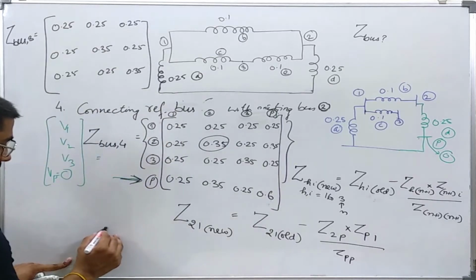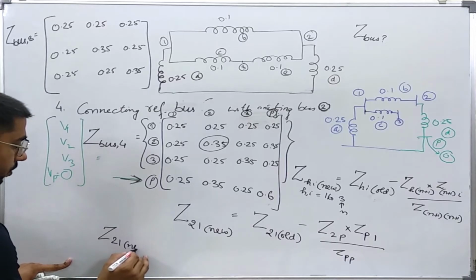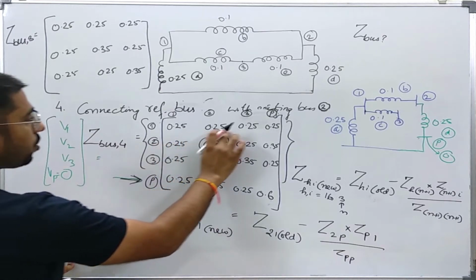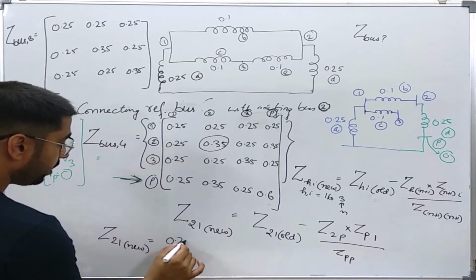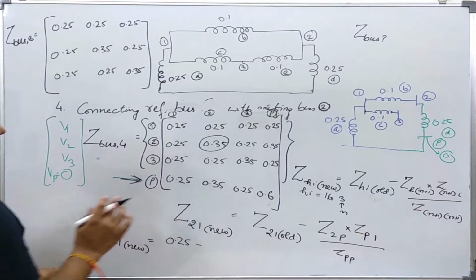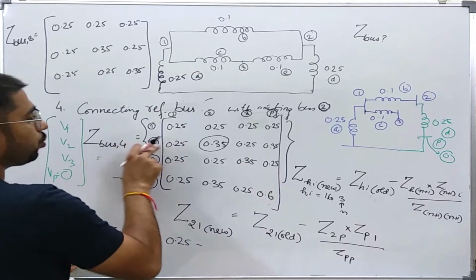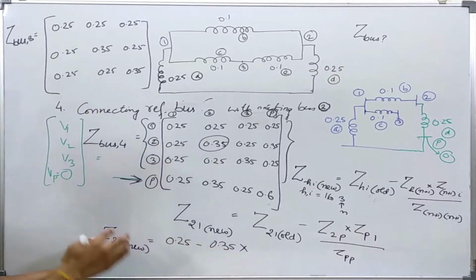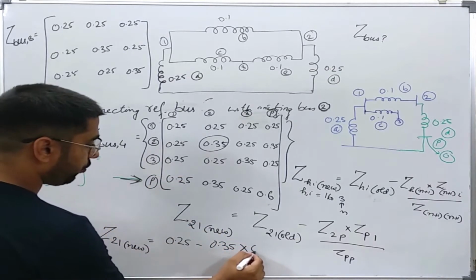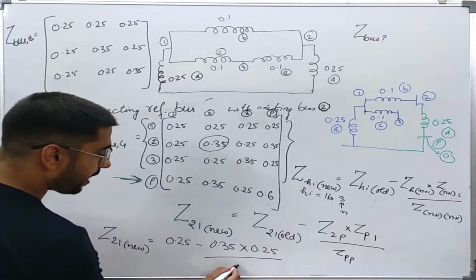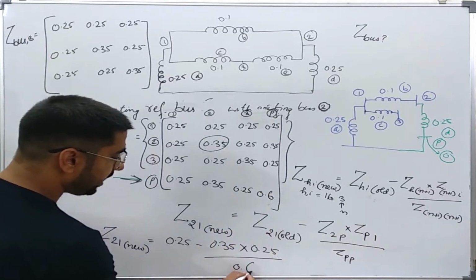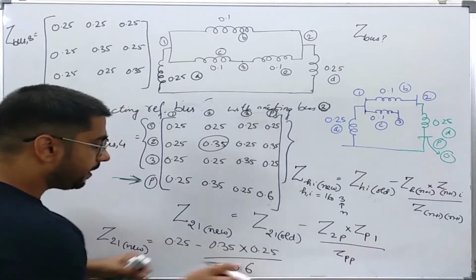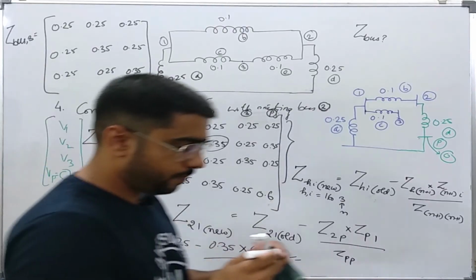That is, Z21 new is equal to Z21 old. Z21 old is simply 0.25 minus Z2P. Z2P is 0.35 into ZP1. ZP1 is 0.25 divided by ZPP. ZPP is 0.6. So using the calculator, it will come out to be, let me use the calculator now.